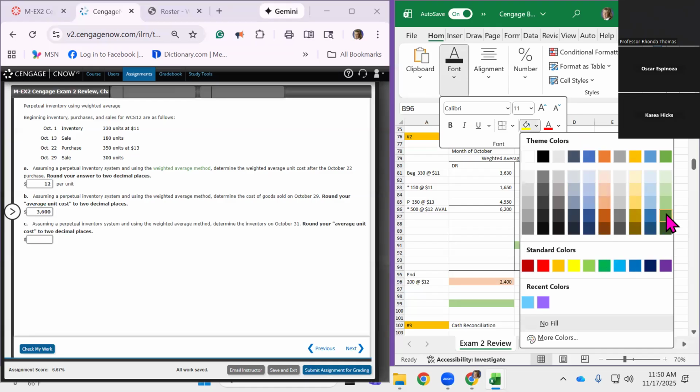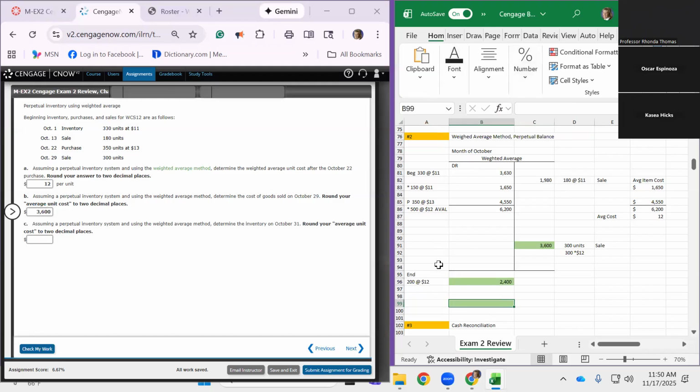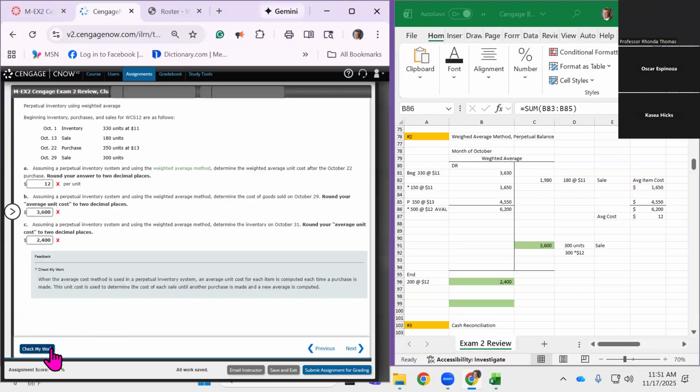All right, and now these two numbers must add up to what we had available. Yep, and they do. 3,600 and 2,400 equals 6,000, but the amount in ending inventory, $2,400 of 200 items. Okay, we're going to check our work.